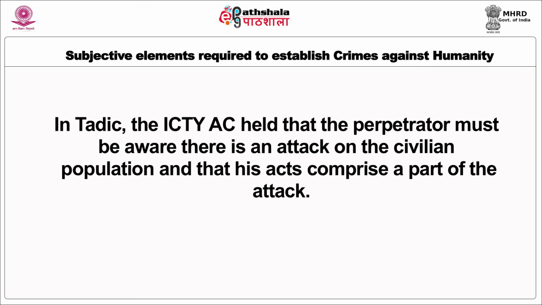In Tadic, the ICTY Appeals Chamber held that the perpetrator must be aware that there is an attack on the civilian population and that his acts comprise a small part of that attack. Similarly, in Blaskic, it was held that the perpetrator needs to be at least aware of the risk that his act is a part of the attack, and then he makes the attack.